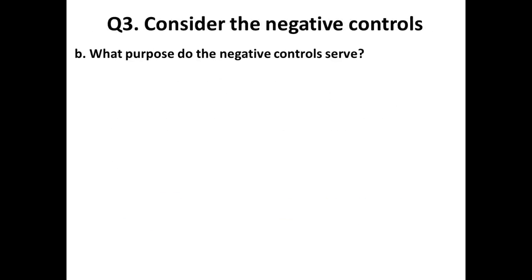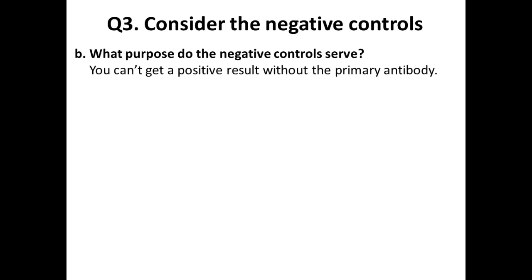Why do we do negative controls? Make sure it's working properly, right? So we can't get positive results without that primary antibody. Because we don't want any false positives, right? We want to be sure it's only that antibody that's going to cause a positive result.